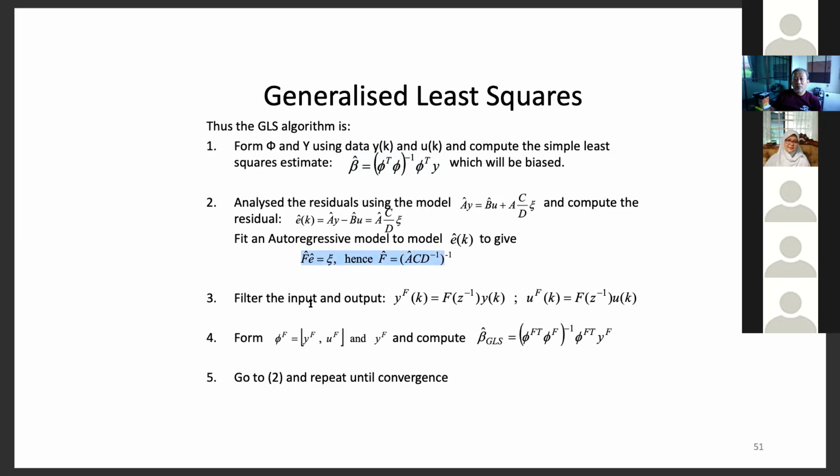Then you filter the input and output in the steps, and then you do the least square again. If you look at the formula here, once you get the values of YF and UF, you apply the least square again, but the notation will become power of F, F meaning filtering. So go to the second step until it converges, and you get the estimated value that you want.